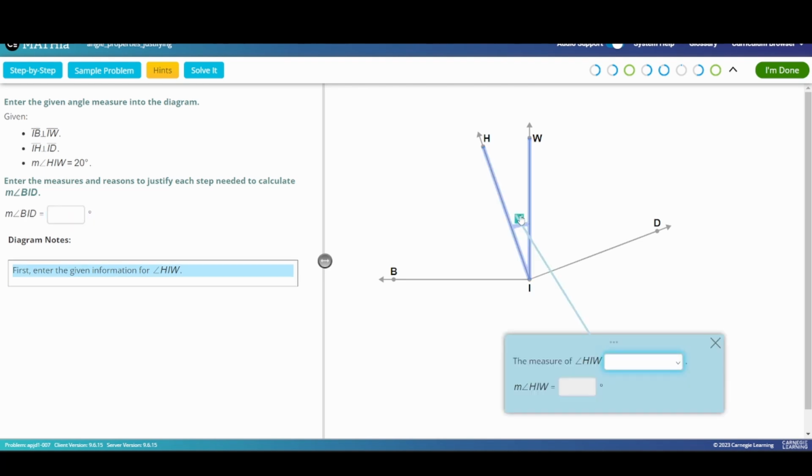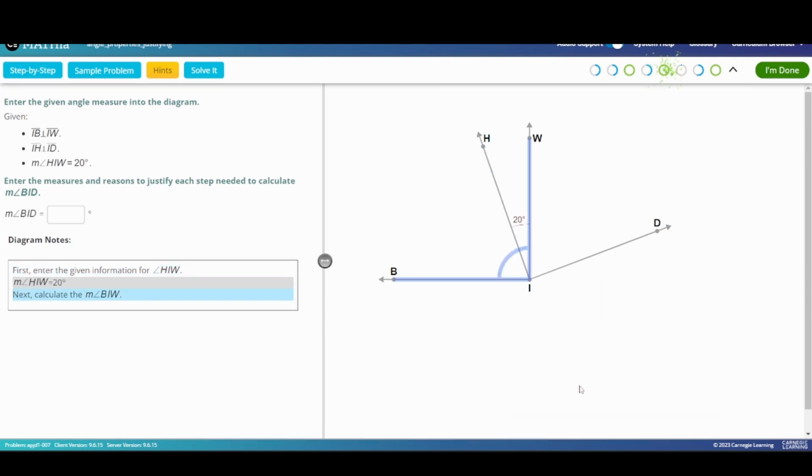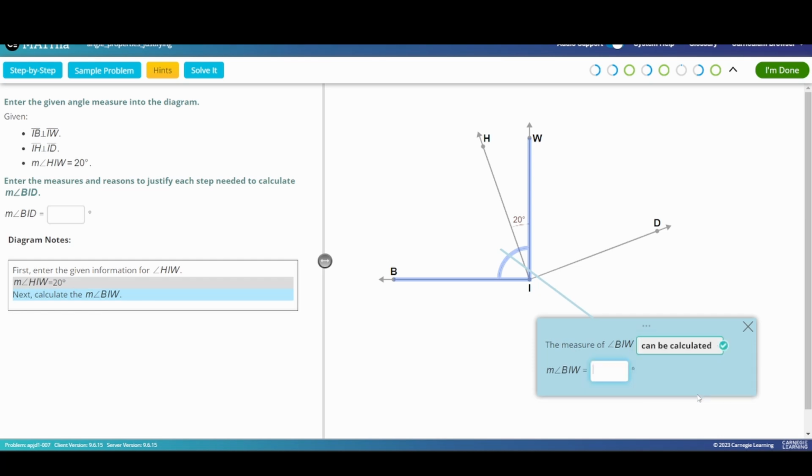So first off, this is given to us, HIW, remember from before, that's 20 degrees. So it is given, and that is 20. All right, this one is measure angle BIW. Well, if that's perpendicular, it doesn't specifically say that that's 90, but we can calculate it.